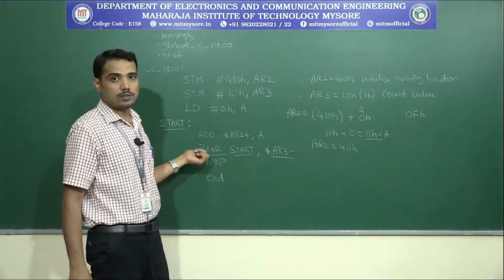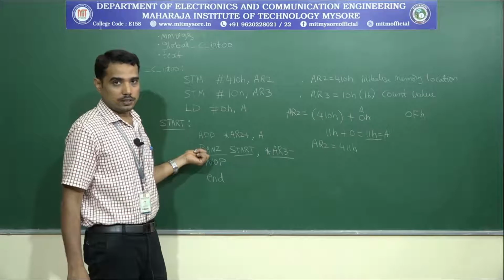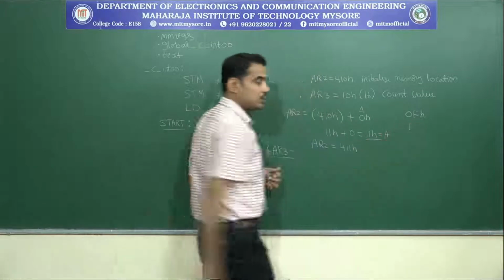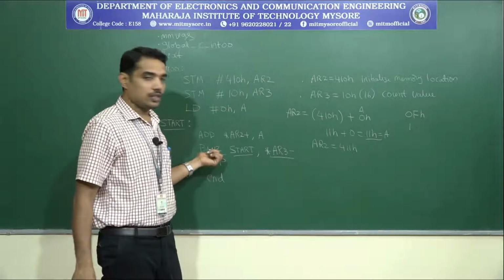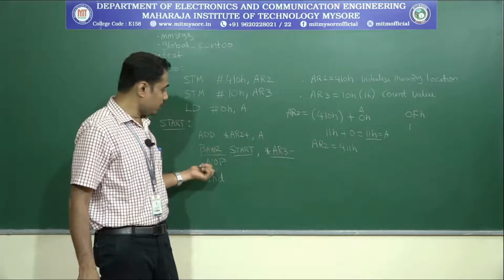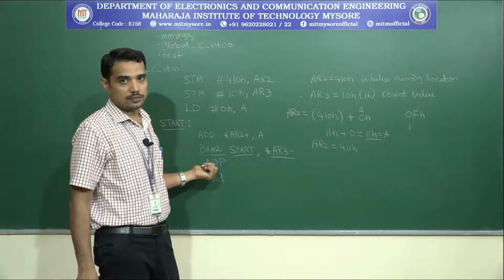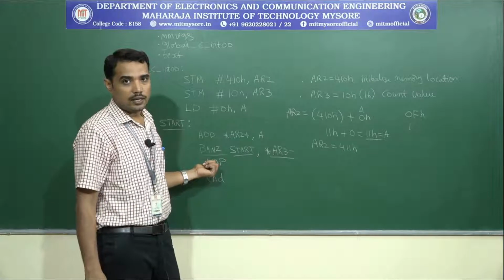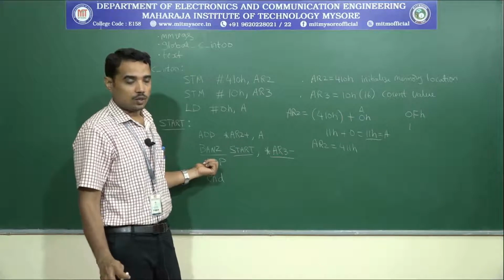If the last cycle was 1, 1 minus 1 turns to 0, it is equal to 0, then it has to execute the next instruction, indicating all the 16 data are added successfully and stored in accumulator.